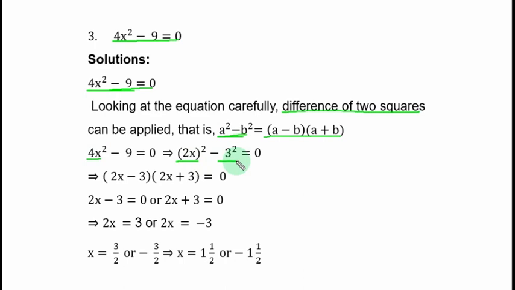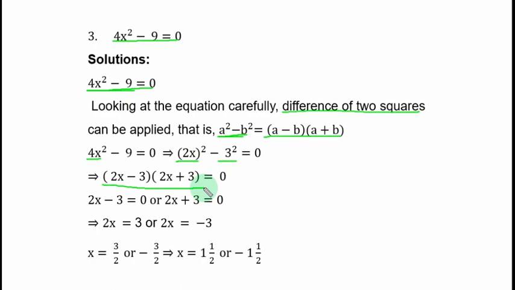So you have 2x all squared minus 3 squared equal to 0. So we are good to go. We write the two terms 2x and 3 in two brackets and separate them with minus and plus.